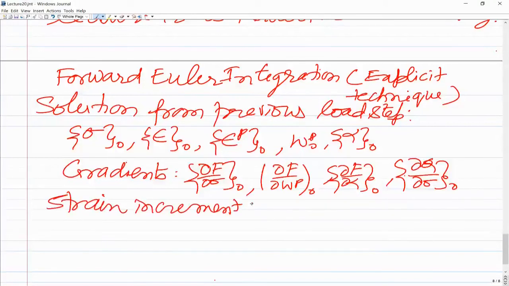Now we are dividing it into a number of sub steps. So delta E is equal to delta epsilon divided by n, where n is the number of sub steps within one load step.